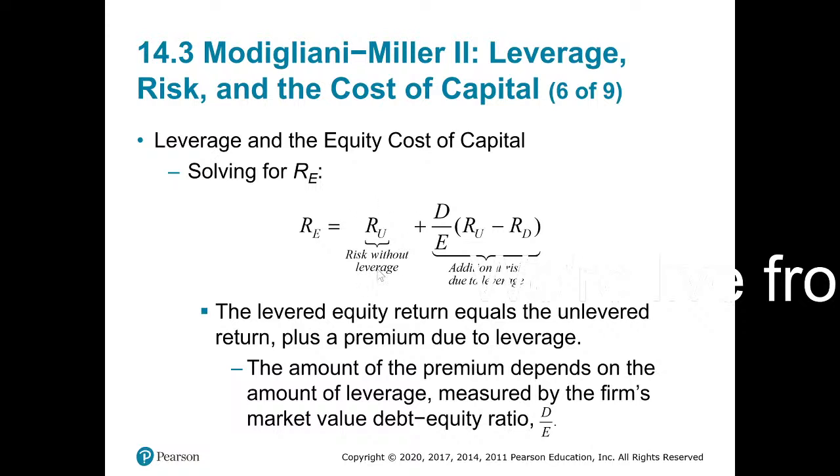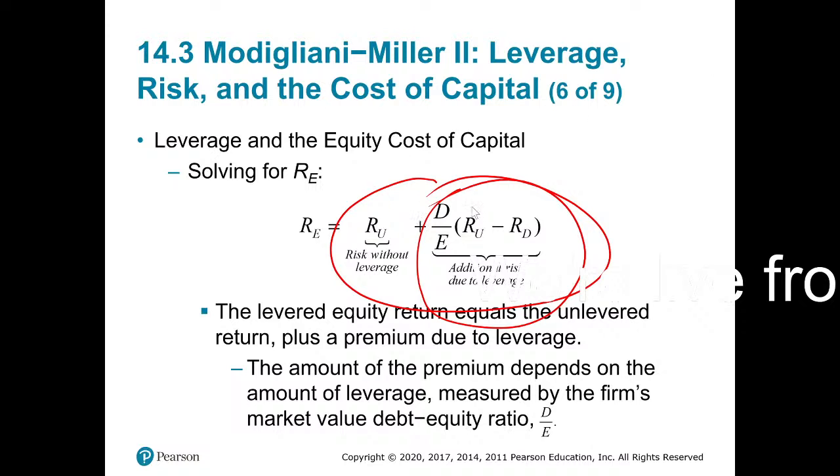This is a risk without leverage, and this is an additional risk. So you see, when you use leverage, the risk increased for equity holders. That's how much it increased. So I should make a final exam question based on this, right? And I think this is interesting. You can derive this.